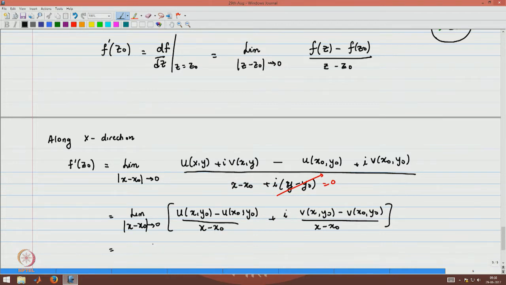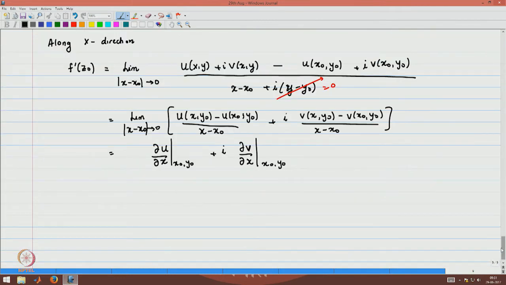So I can write this as u x, that is partial of u with respect to partial of x evaluated at x 0 y 0, plus I times partial of v with respect to partial of x evaluated at x 0 y 0.